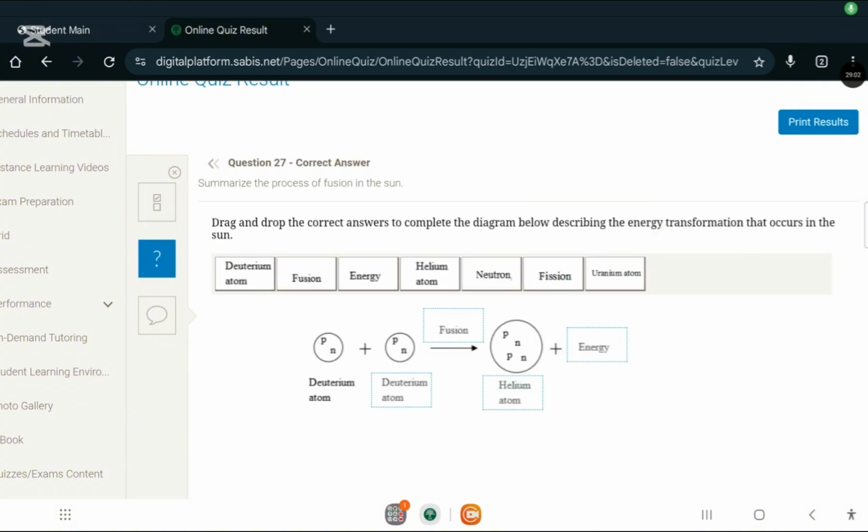Sorry about that, I'm back. Drag and drop the correct answers to complete the diagram below, describing the energy transformation that occurs in the sun.